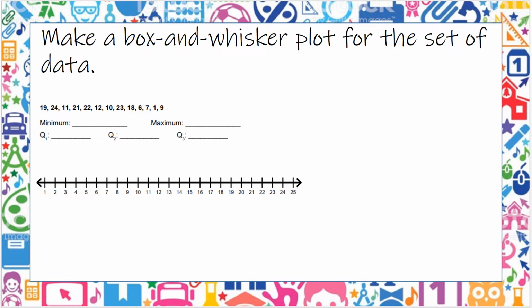Make a box and whisker plot for the set of data. So the first thing we're going to do is to put these in order from least to greatest.